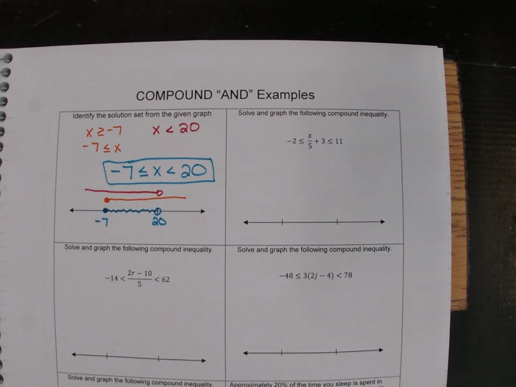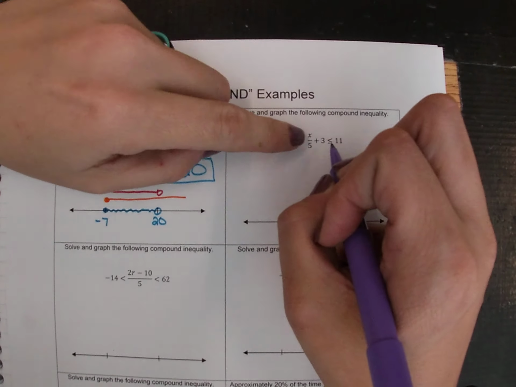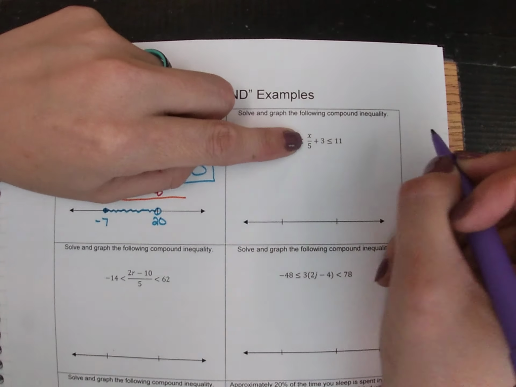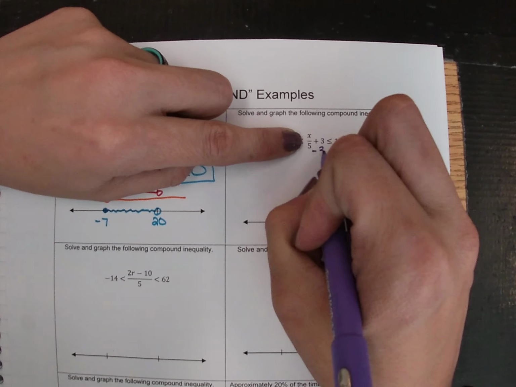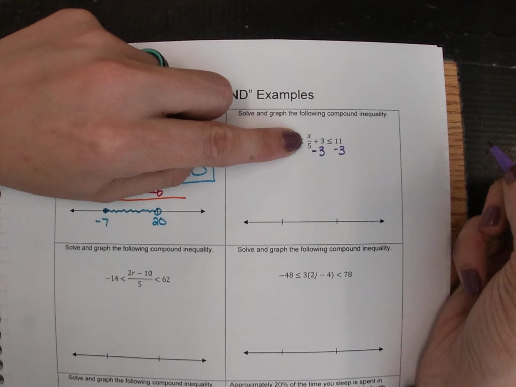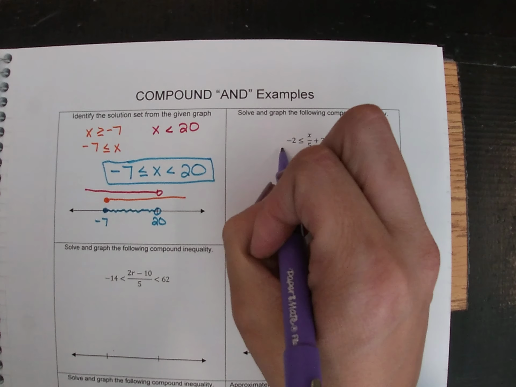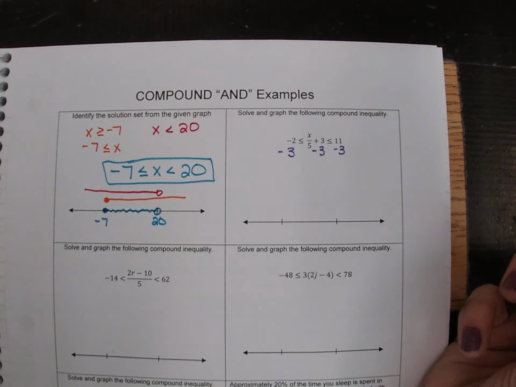Our next one, if we go to solve this. We are going to consider what we would do first. The first thing that we would do is subtract 3. But if we do that to both sides, we're also doing that to the third side.